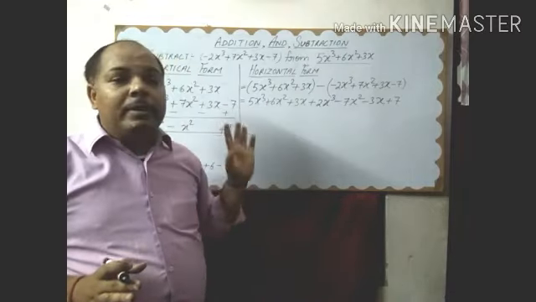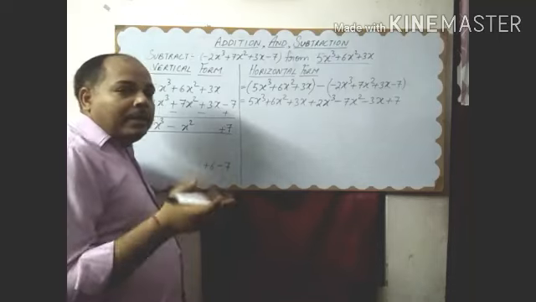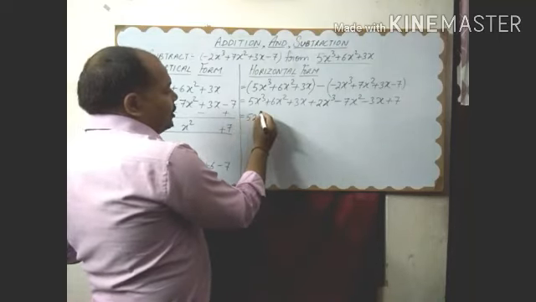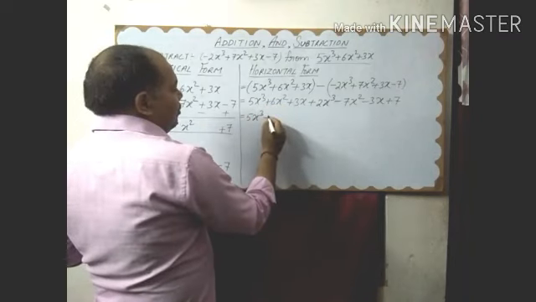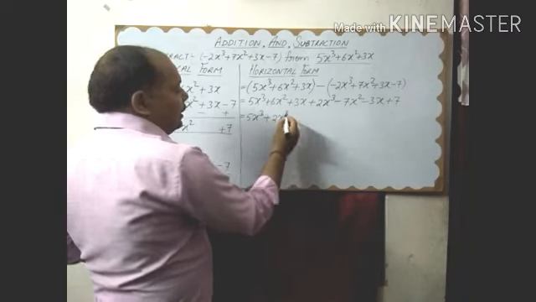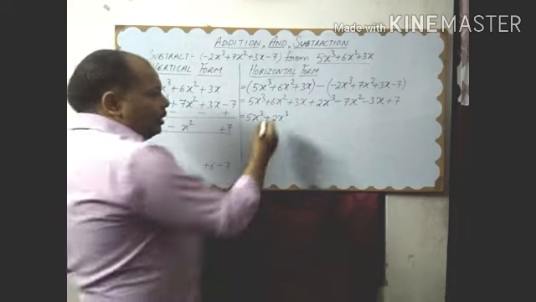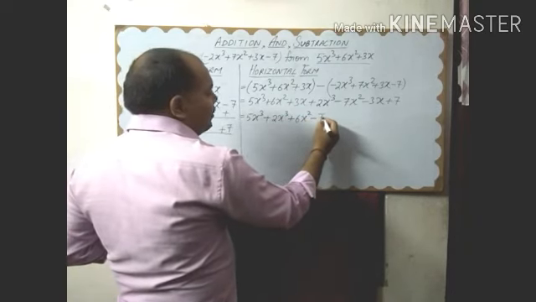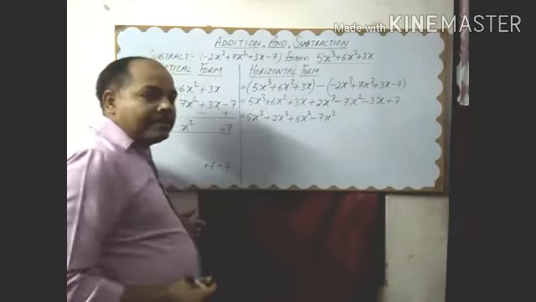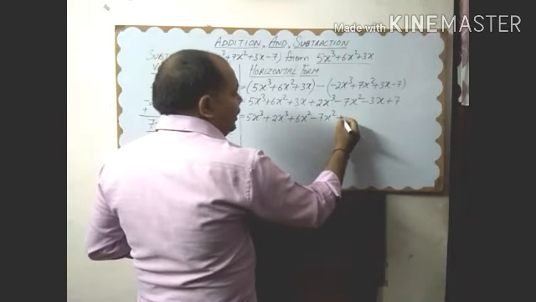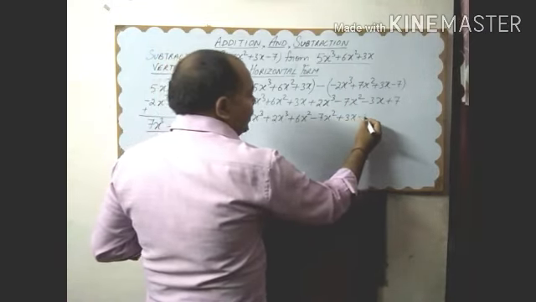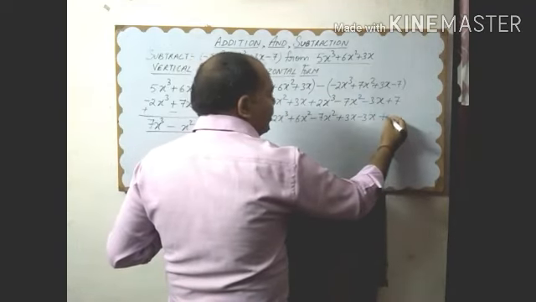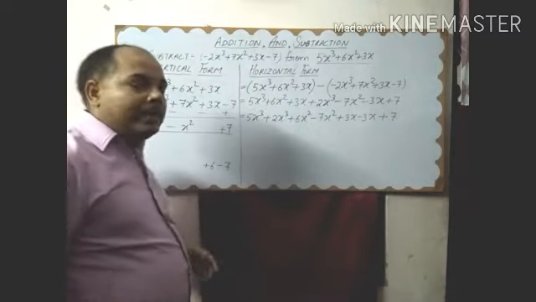Always be careful here. Okay, now write down the like terms. 5x cube and plus 2x cube, both are like terms. Clear? Now 6x square and minus 7x square, both are like terms. 3x and minus 3x, both are like terms, and plus 7. Right?